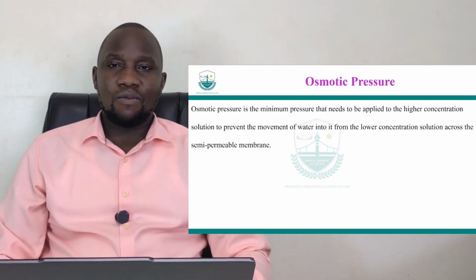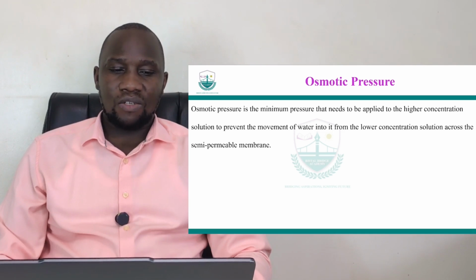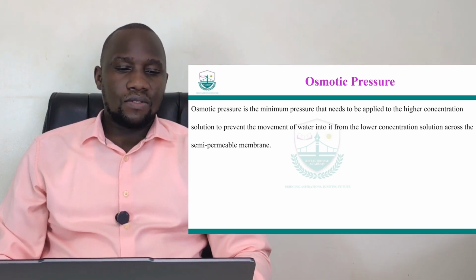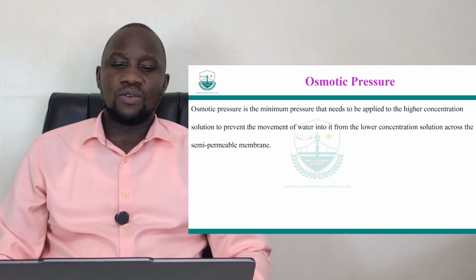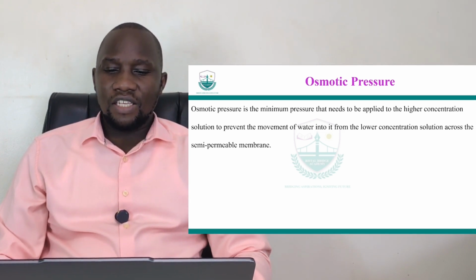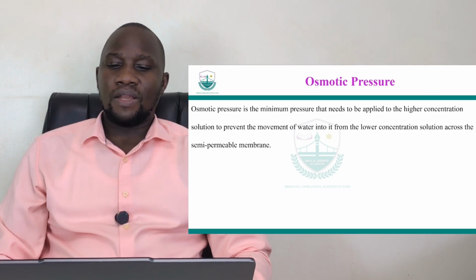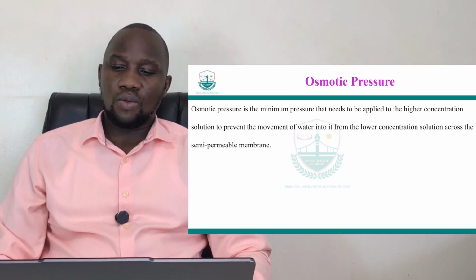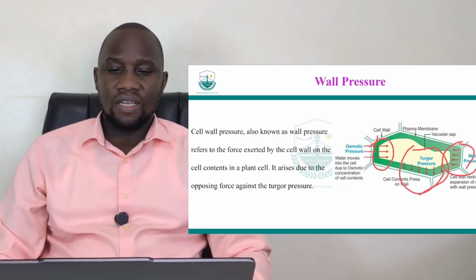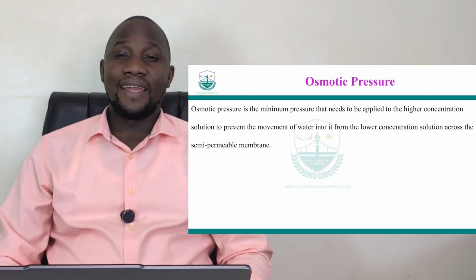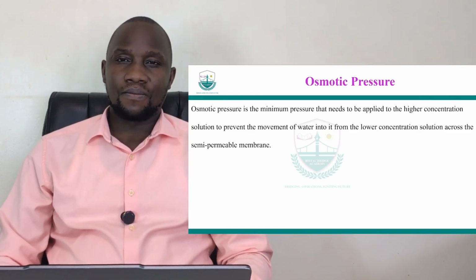So the osmotic pressure, which we saw there, is the minimum pressure that is needed to be applied to a higher concentration solution to prevent movement of water into it from the lower concentration solution across the same semipermeable membrane. Water molecules will not move endlessly into the cell.